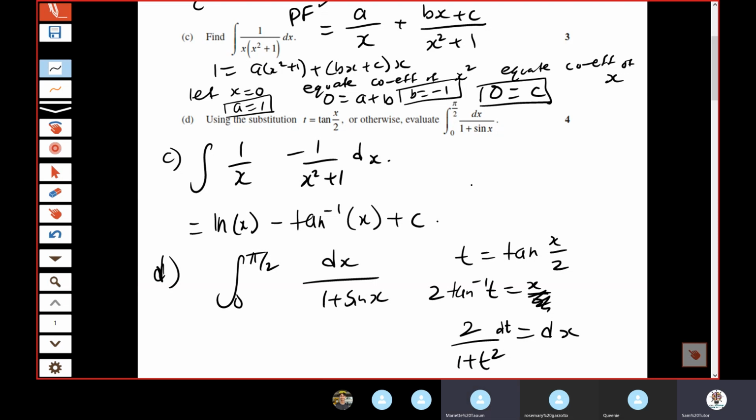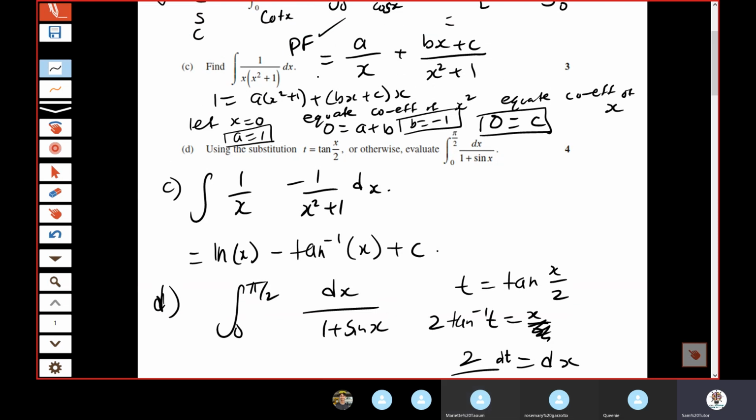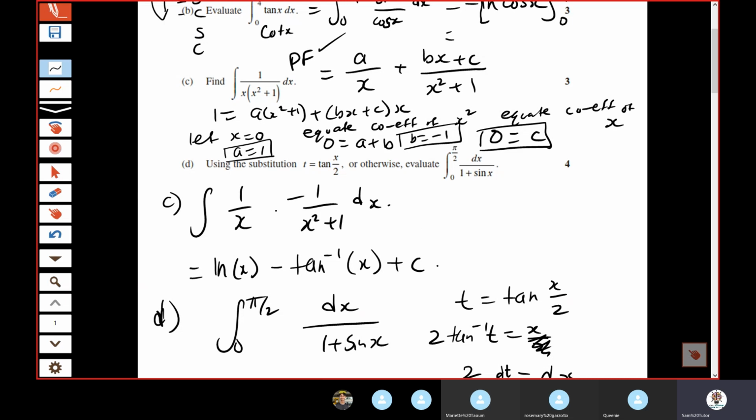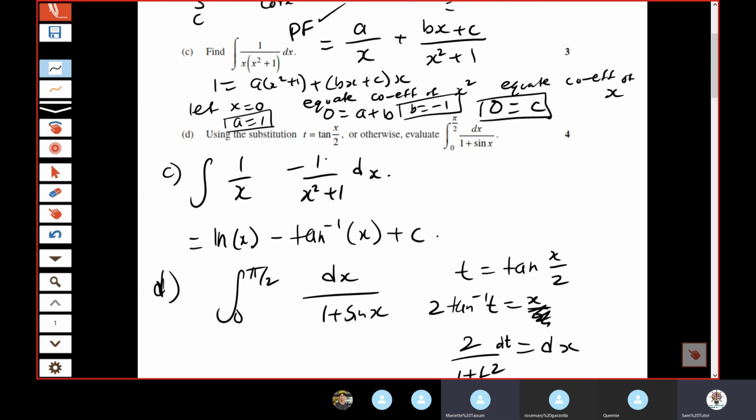She said something like a half in front of the ln. Was this meant to be 1 on x plus 1? No, the only time it would be a half is this case.